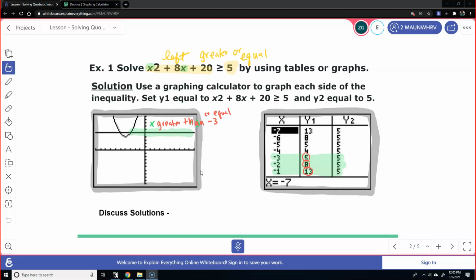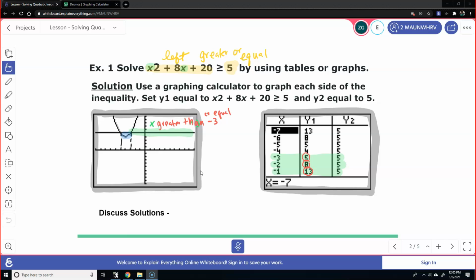Now, what about the numbers that are between -3 and -5? We know that it falls below y equals 5. So therefore, everything that is below will not be part of the answer.